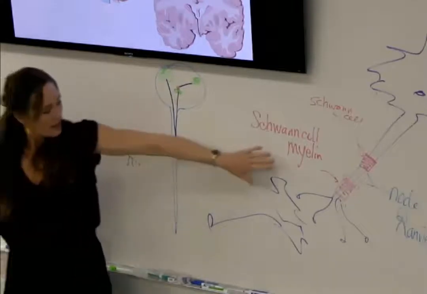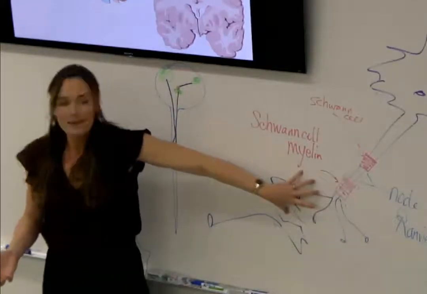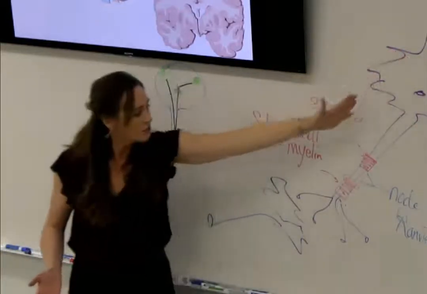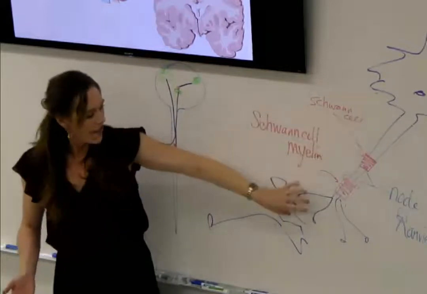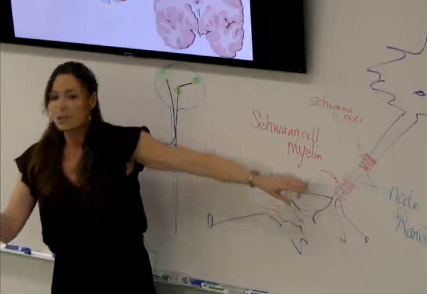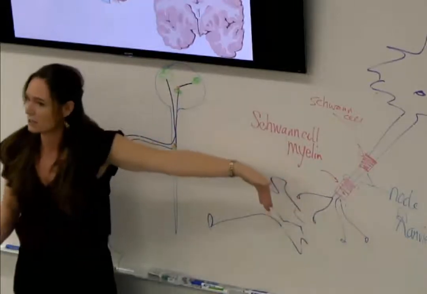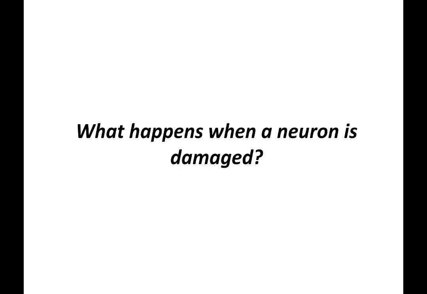So anything here at the end is gray matter. Anything here at the start is also going to be gray matter, right? So it's just this that is going to be white matter. So when I said axon terminals, it has the word axon in it, but terminal means the end. So axon terminals are these guys, but that's where a connection is about to get made, or a synapse. So that's gray matter.